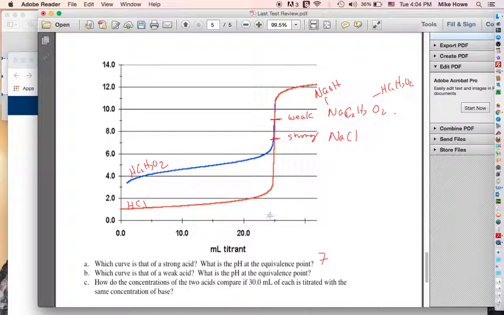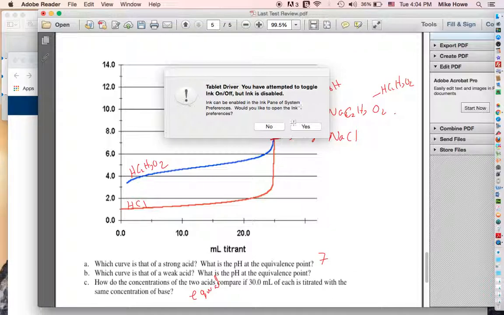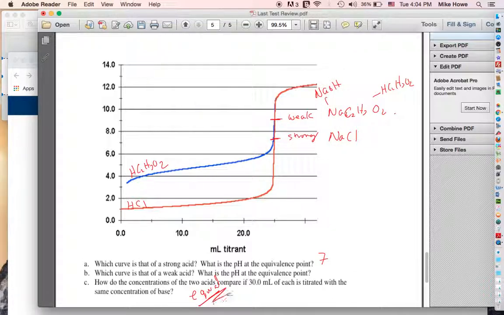Therefore, if it took the same amount of base to neutralize both of them, the concentrations would have been equal. All right, so I have equal concentrations. I can make equal look a little better. There you go. All right, and that's the end.